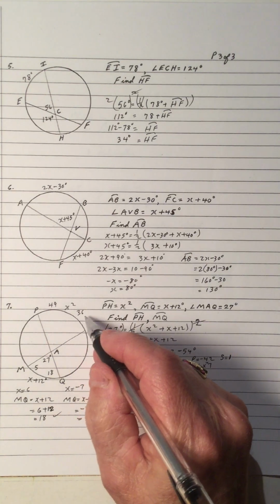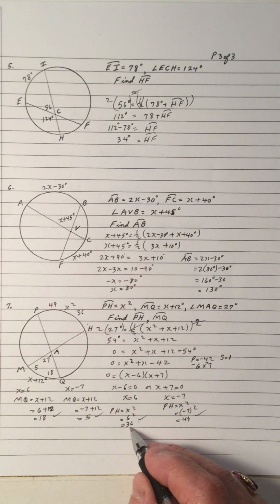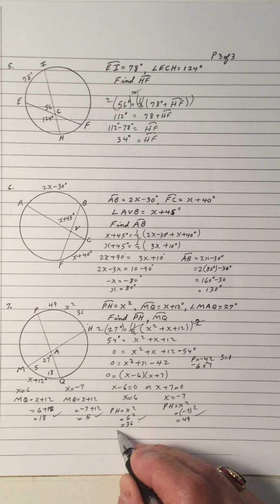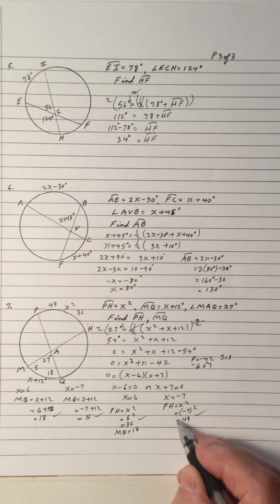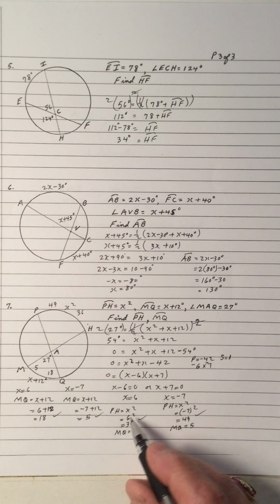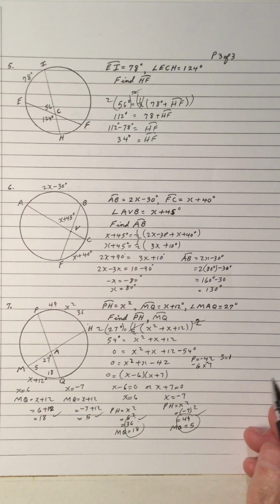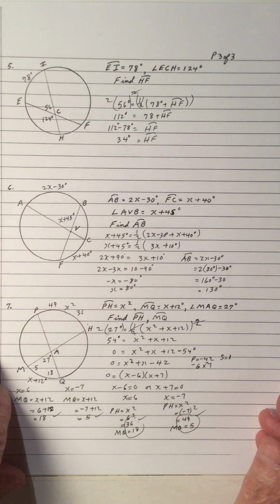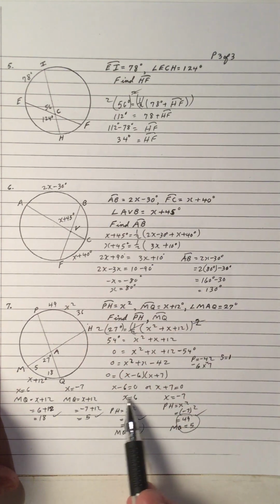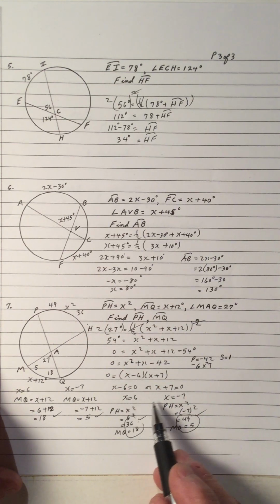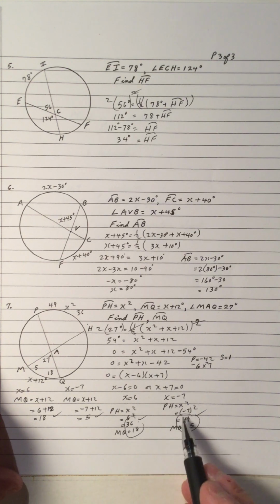But again, when PH is 36, MQ is 18, and when PH is 49, MQ is 5. So these are the ones that go together. Just because x is negative, we have to check it out by doing what I did here to make sure that even though x is negative, the measures still come out to be okay.